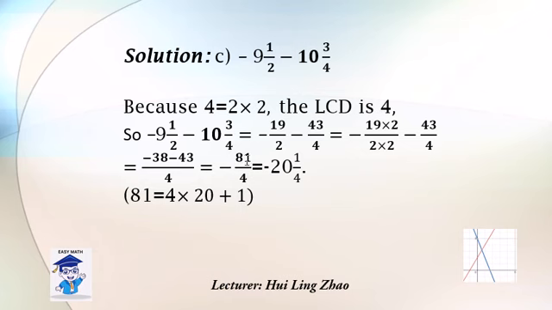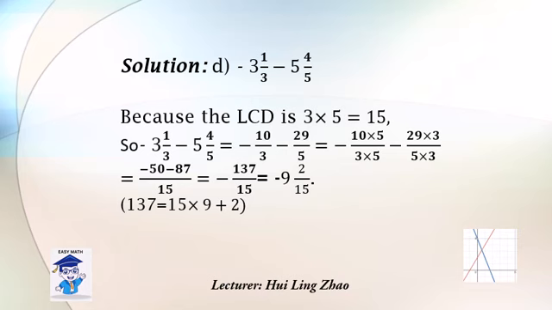And we know 81 equals 4 times 20 plus 1, right? So the final answer is 20 put in the front, negative 20 and 1 put in the numerator. So it's negative 20 and 1 over 4. This is the answer for number C.